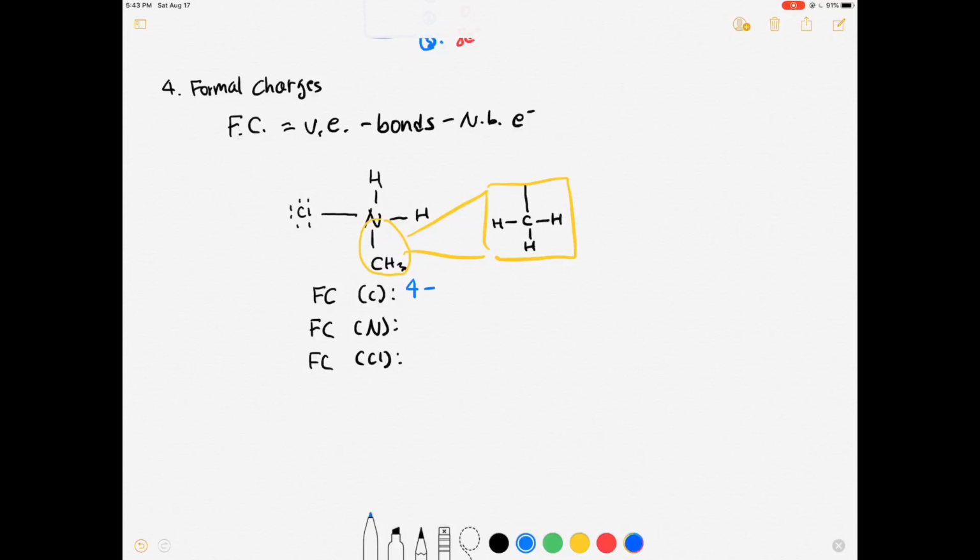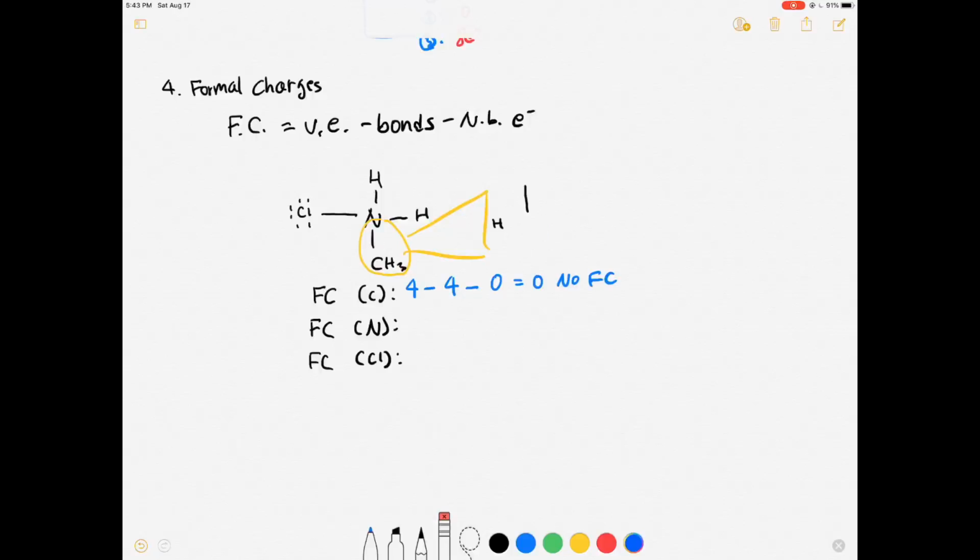So the formula says valence electron minus number of bonds, so minus 4. And how many non-bonded electrons does it have? Does it have any lone pair over here? No, there's no lone pair, so it's 0. So 4 minus 4 minus 0 equals 0. So there's no formal charge. Cool, so we don't have to do anything with it.